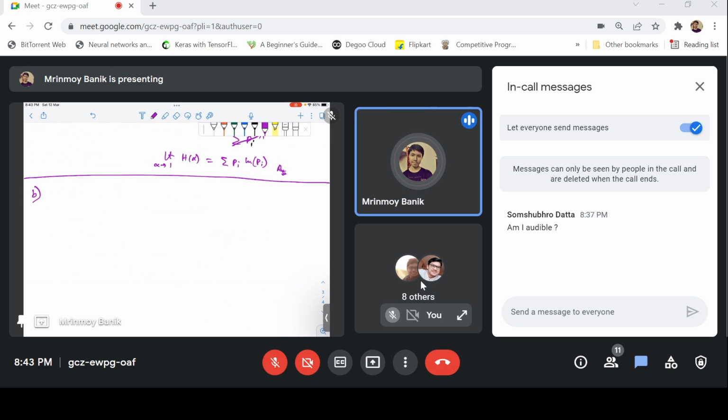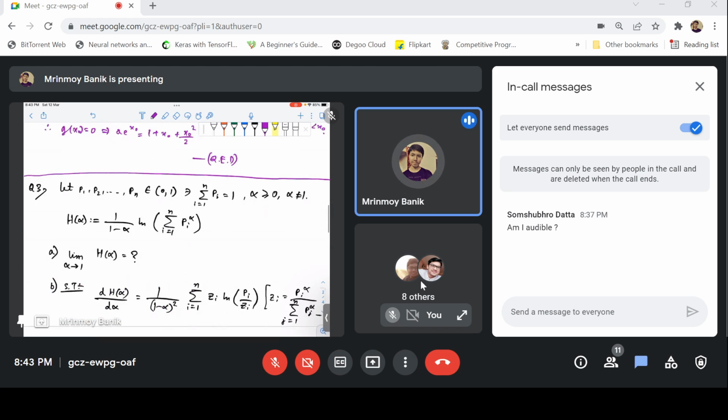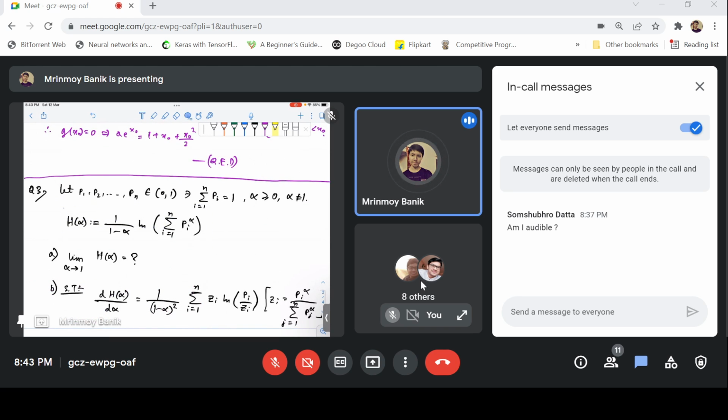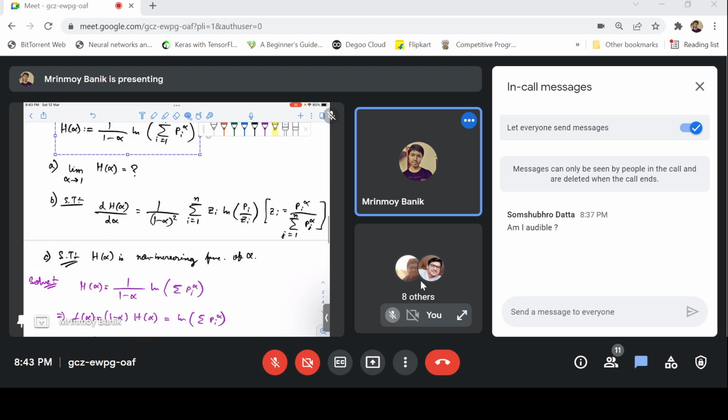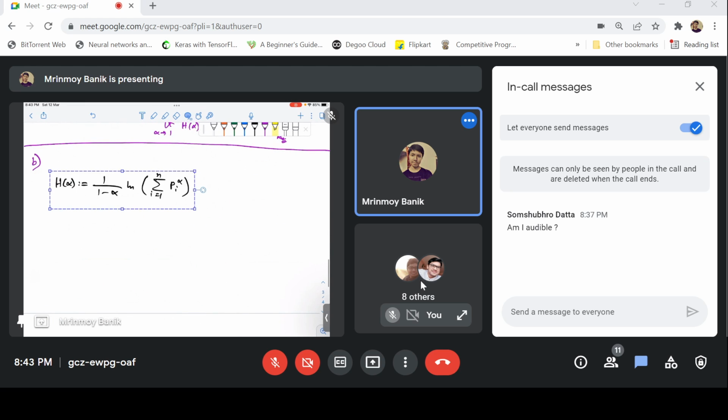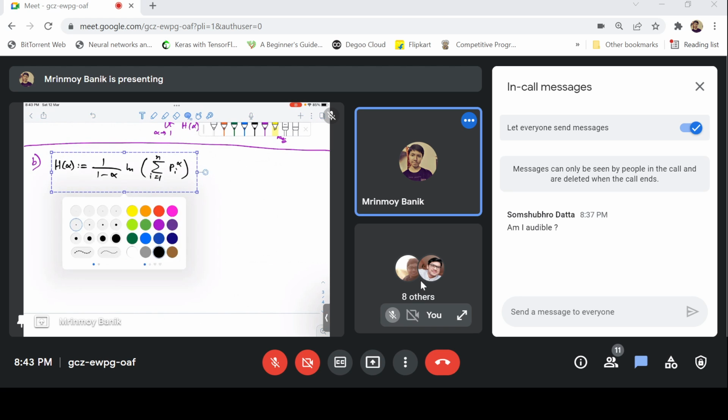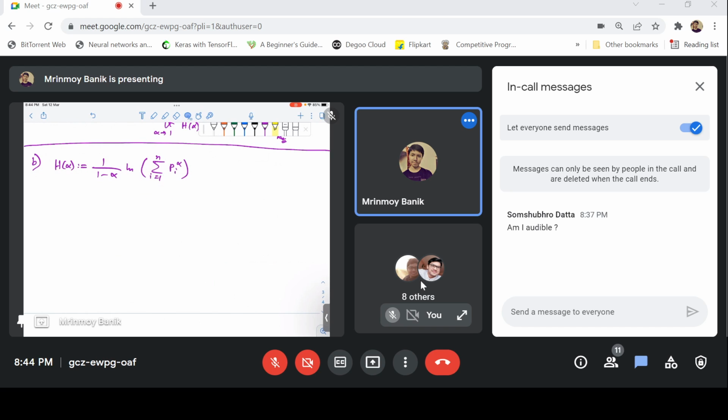No, let me differentiate the original expression of h alpha. So this was... then h dash alpha is minus 1 by 1 minus alpha squared times minus 1, so it's plus 1.